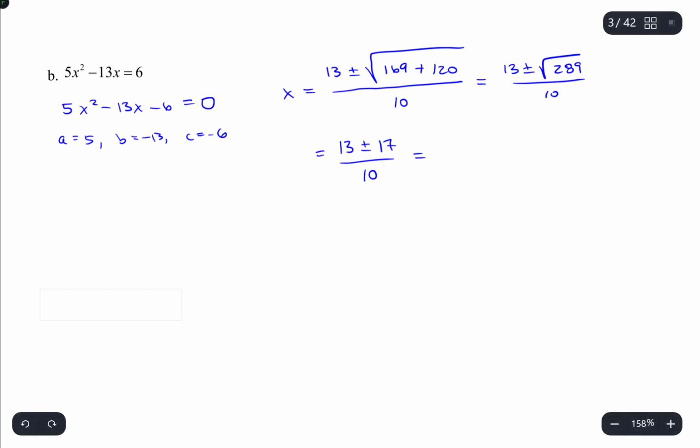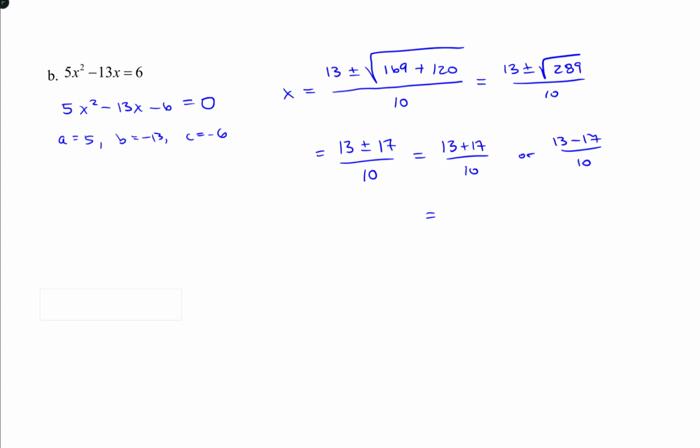So our two solutions then would be 13 plus 17 over 10 or 13 minus 17 over 10. And let's see what that would be. So 13 plus 17 would be 30.